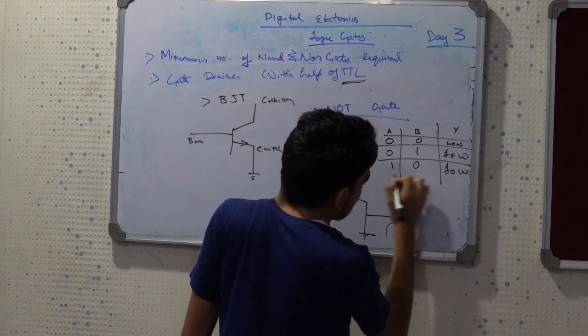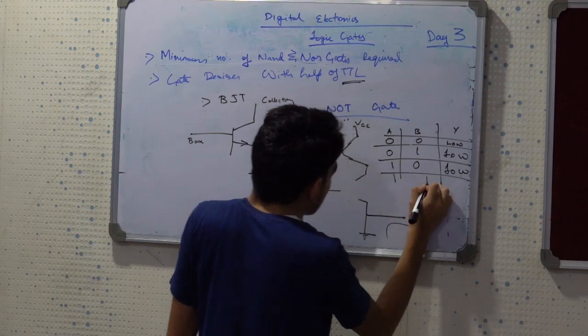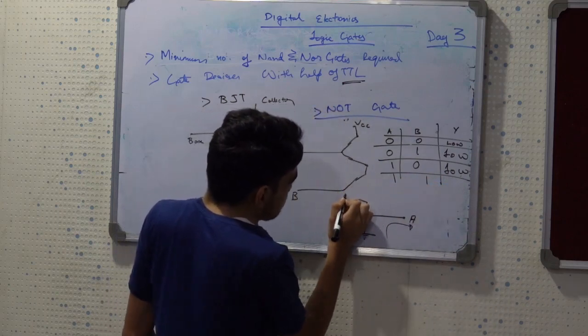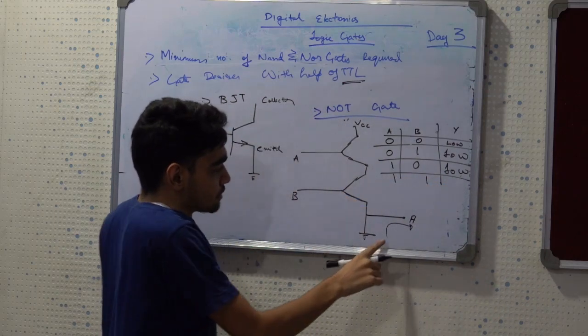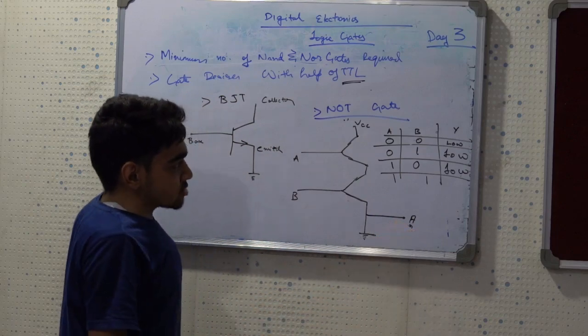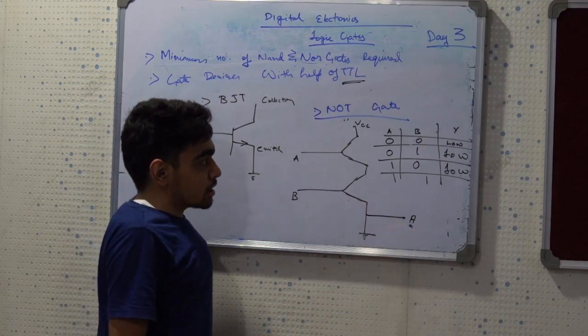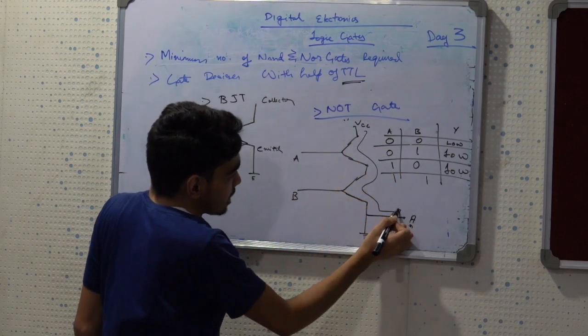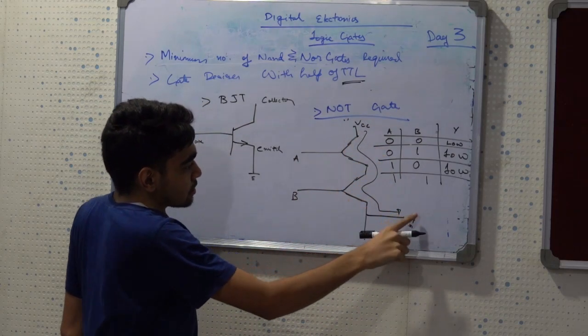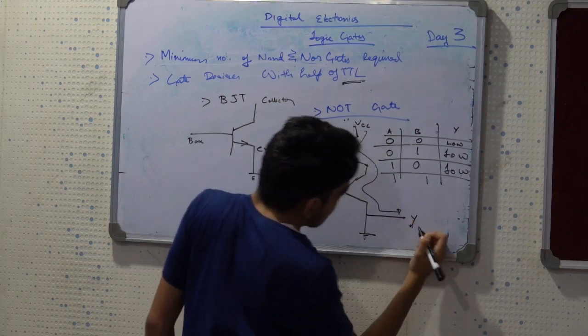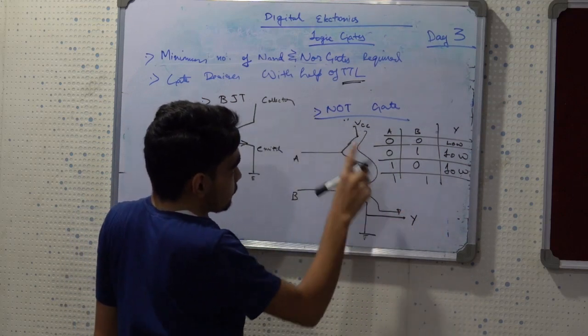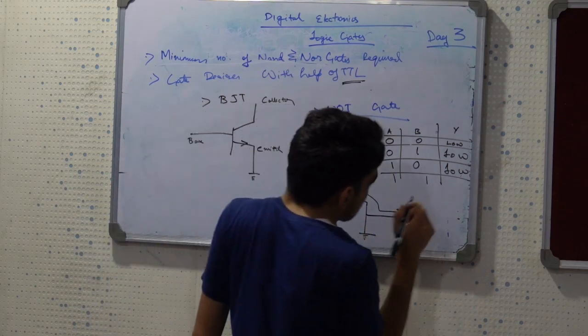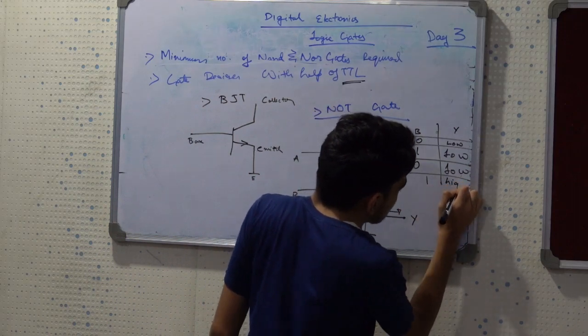But if I take both the inputs as high, then the transistors will be short circuited. As the transistors are short circuited, this VCC will play a role here, and with the help of KVL, the Y is tending to VCC. So that's why over here it is high.